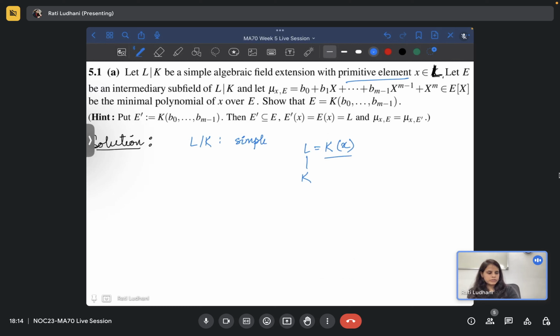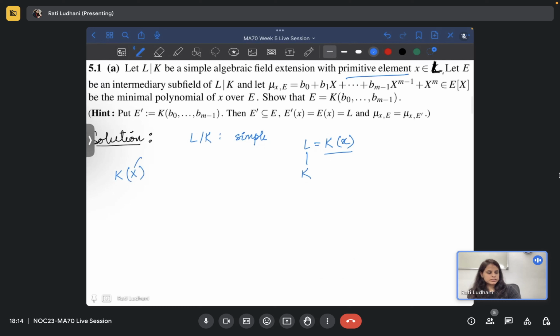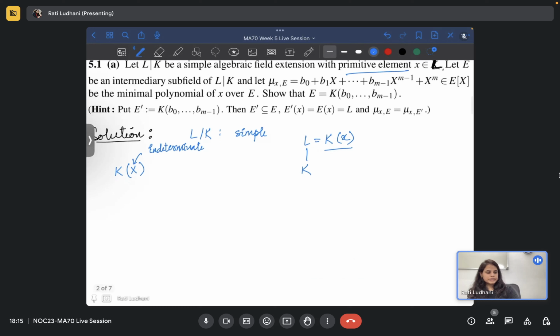So for example, let's say K(X), where capital X is a variable, an indeterminate. If that is the case, then this is also a simple extension of K, because this is a field.